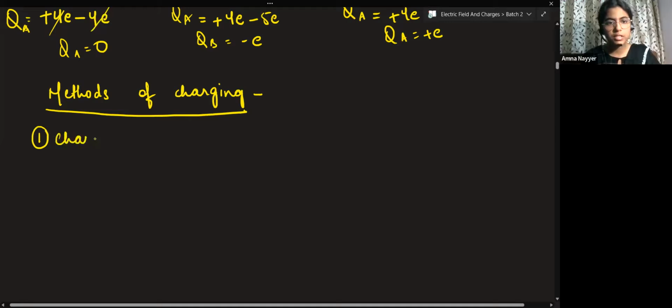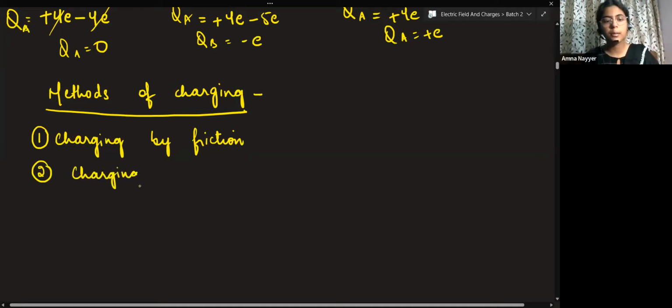First one is charging by friction. Secondly, you have charging by conduction. Then you have charging by induction.